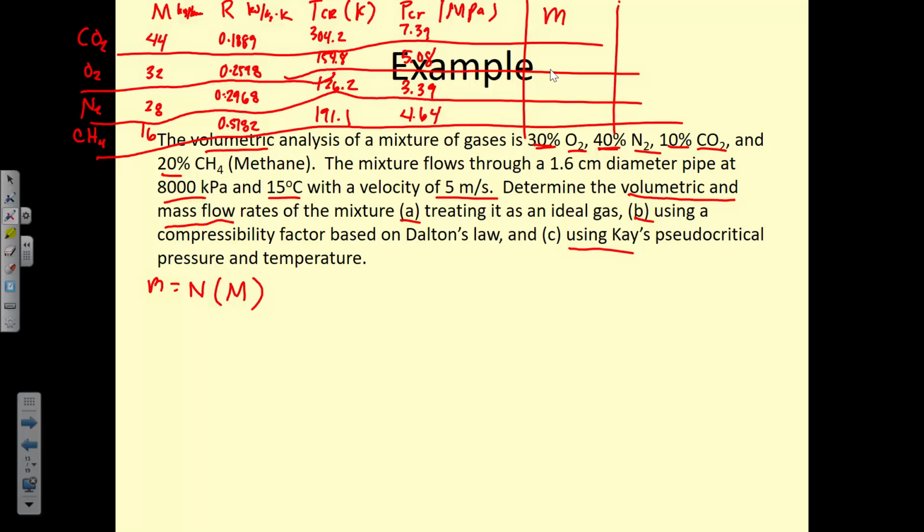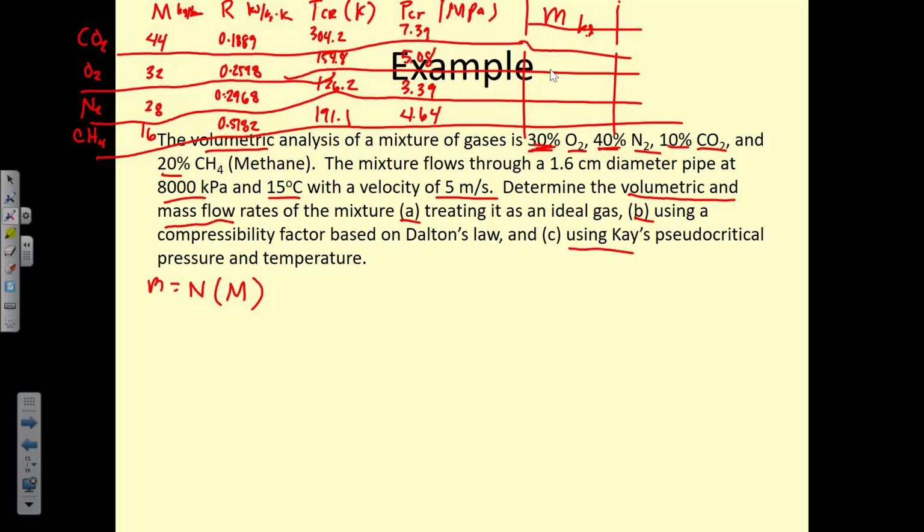Okay. So if we do this calculation where we're using kilomoles, then this is for 40 kilograms. Oh, wait a minute. Okay. So there's another line up here.